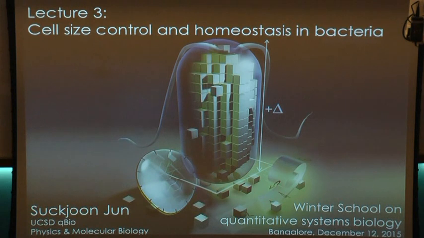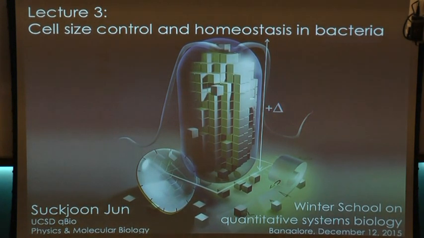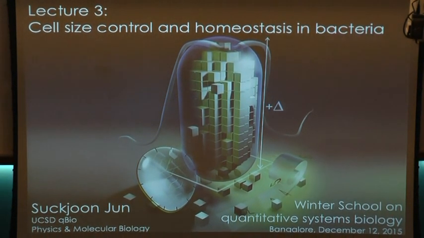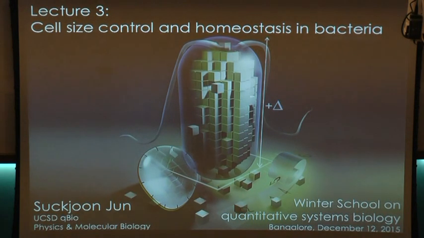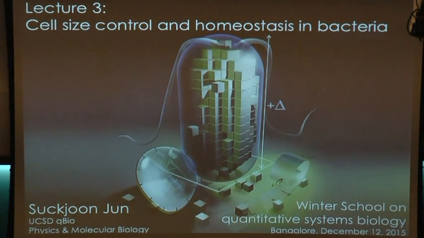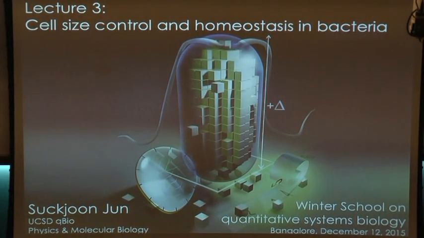Okay, so what I want to talk about today is that first of all, I want to skip 30 or 40 years in time. And the simple reason is that I think Matt also talked about it. The golden era of bacterial physiology, or quantitative bacterial physiology, was from the 40s to 1960s. Well, in the 1970s, there was still some work, but that was also the era where molecular biology really exploded, okay?